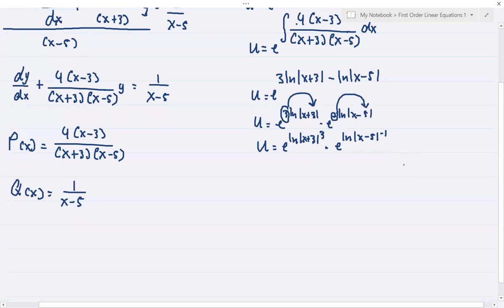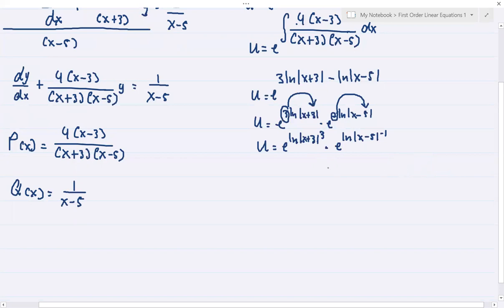So remember again, e raised to ln of a is equal to a. If you have a base of e and a function of ln of a, basically remove e and ln and just copy a.